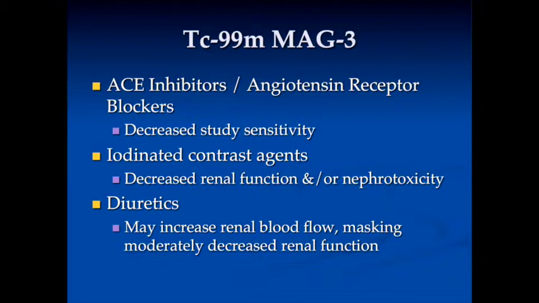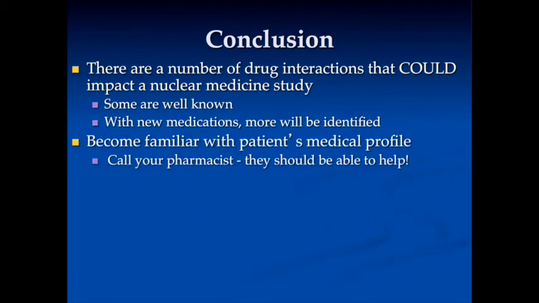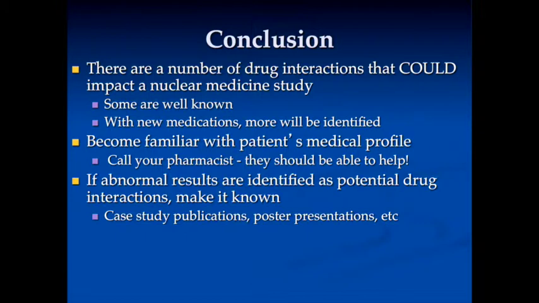So basically, this is one of those things where this particular talk is a little challenging because there are a number of things that could impact it. There are a number of things that might impact it, and there are a number of things that have absolutely no impact at all. But the problem is we don't know that.